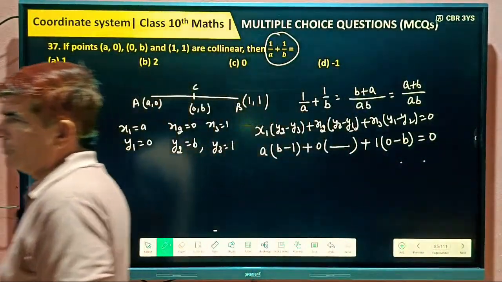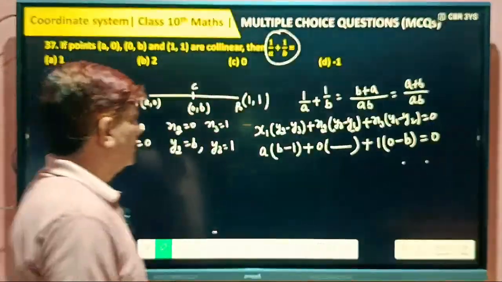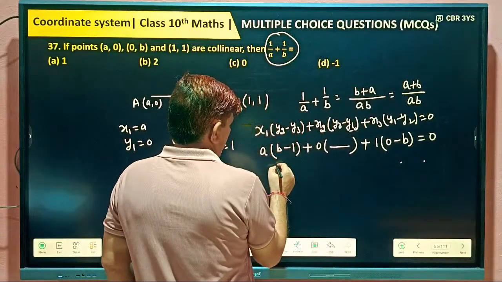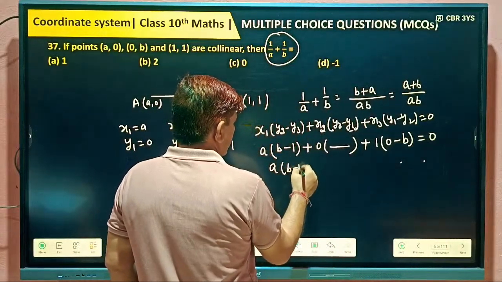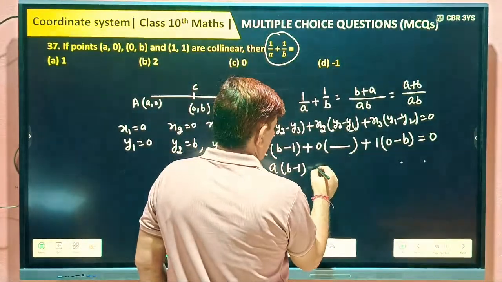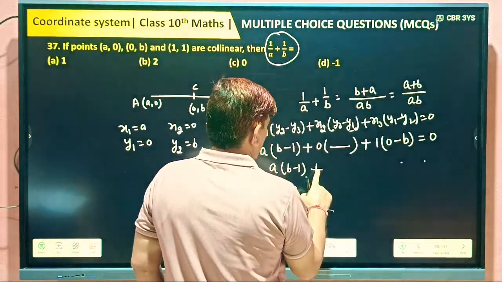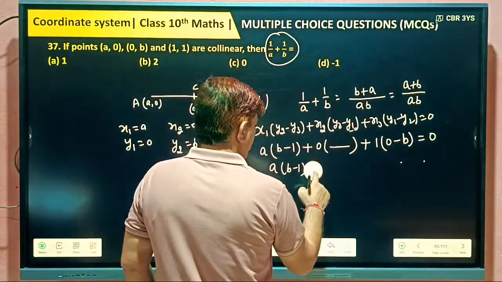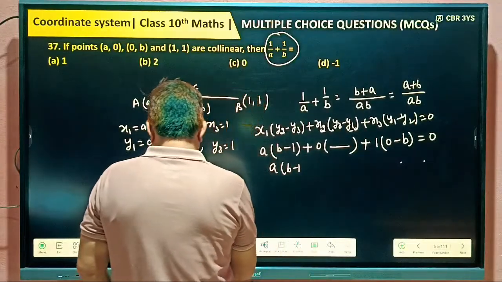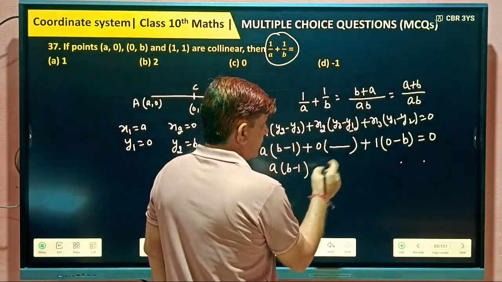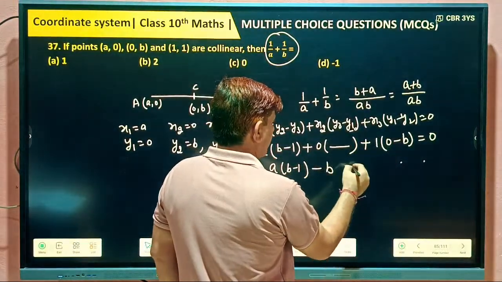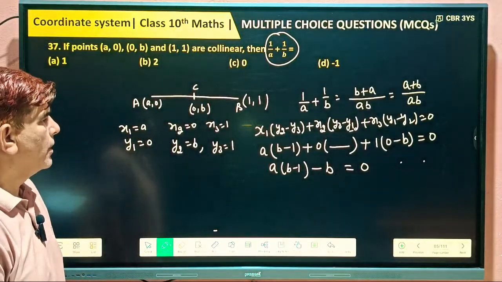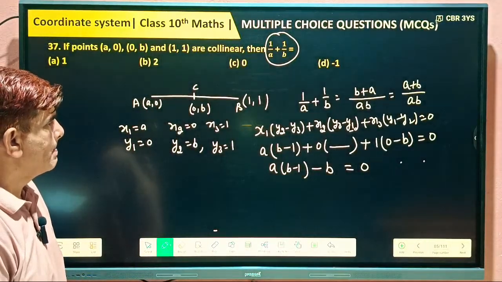Yes or no? Understood? So this becomes A into B minus 1, plus 0, plus minus B. So A(B minus 1) minus B equal to 0.